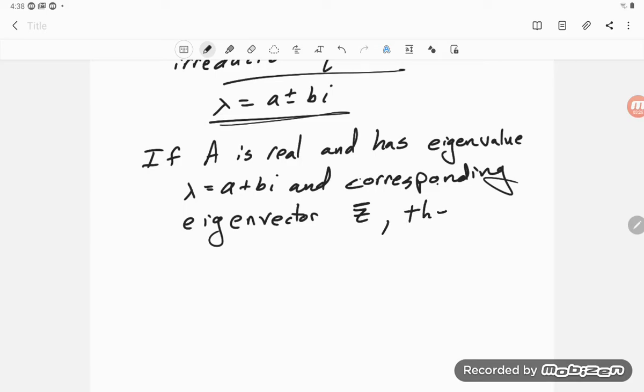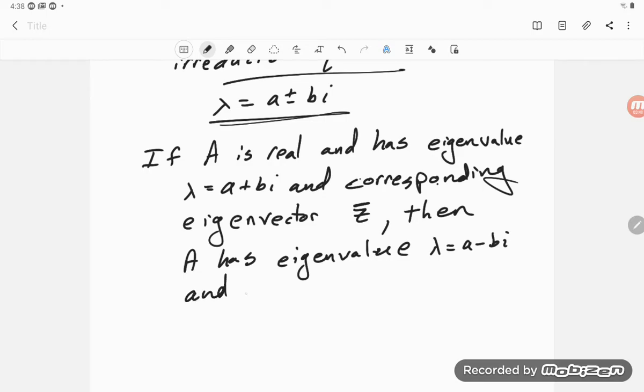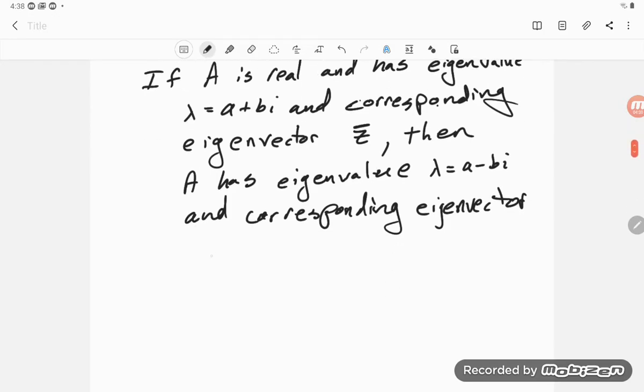Then A has eigenvalue lambda equal to a minus bi and corresponding eigenvector z, and what we'll do is put parentheses around that and put a bar over it like that.